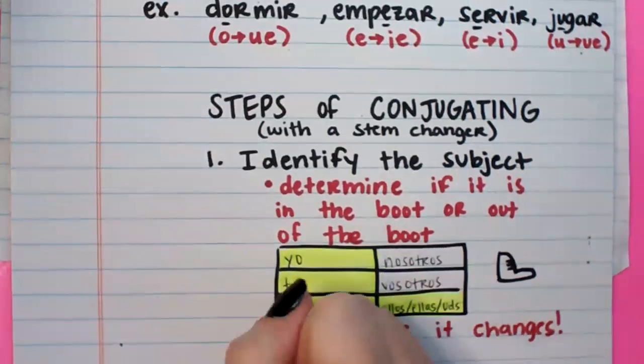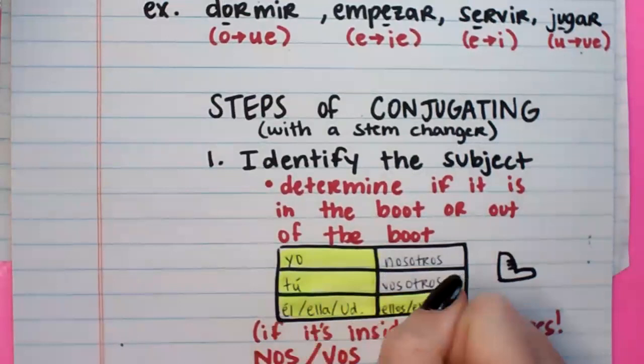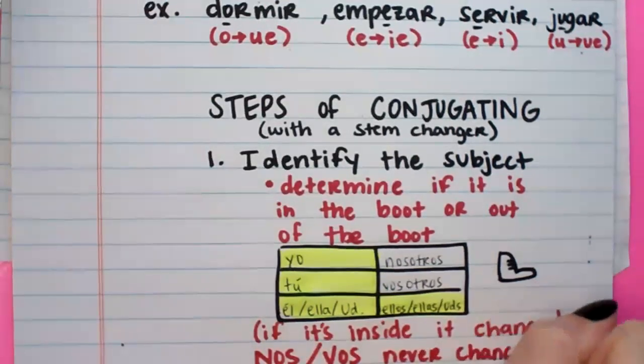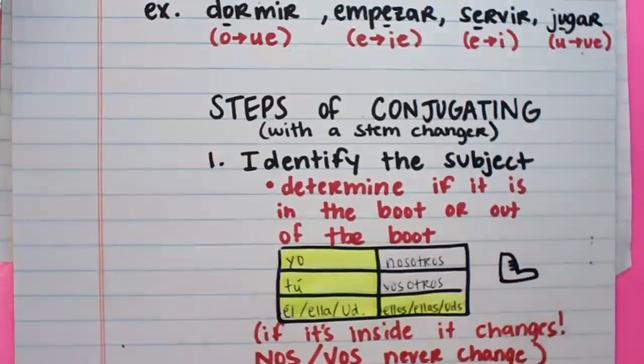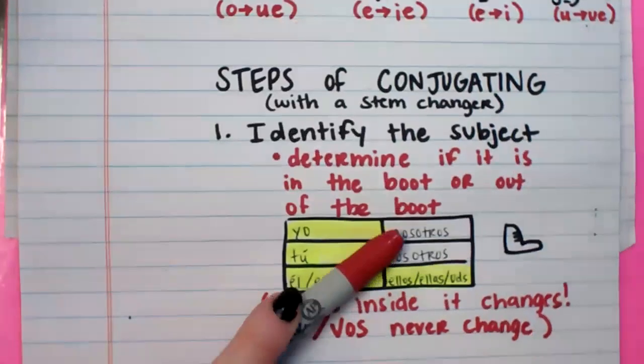And then remember, nosotros and vosotros never change. Because they are, you guessed it, outside of the boot.